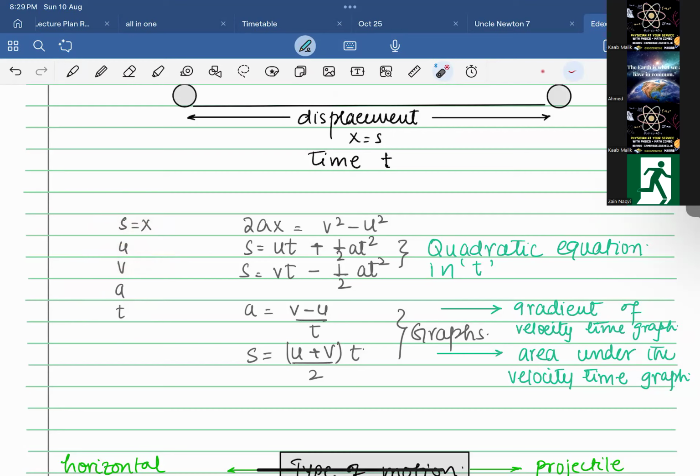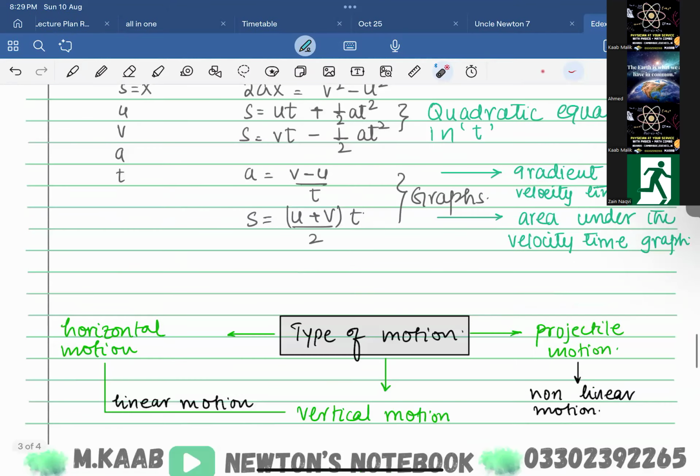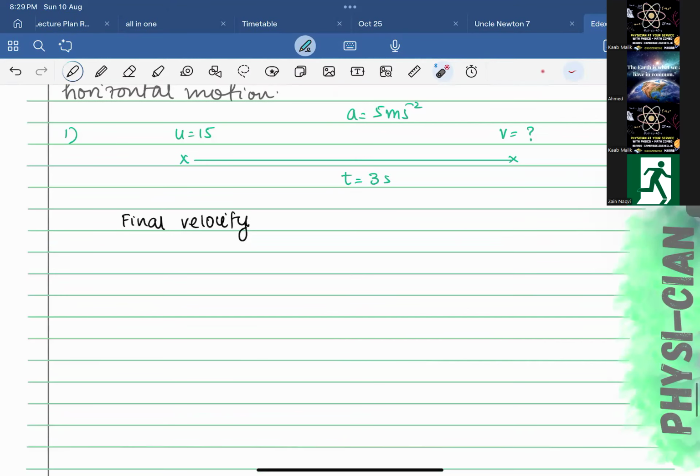You pick one equation, put in the three quantities, make the other one the subject, and find the remaining quantity. But if they give you two quantities, then it's more challenging. You have to make two separate equations and solve them simultaneously to get that one quantity. So be careful. First identify the difficulty level of the question and then try to solve it.